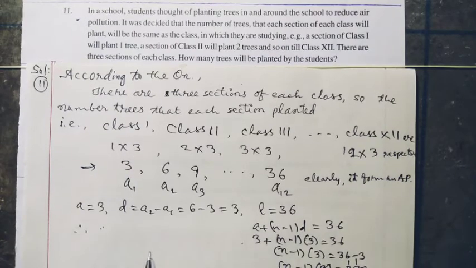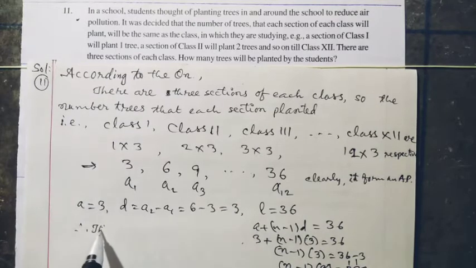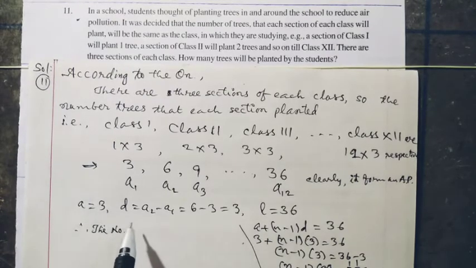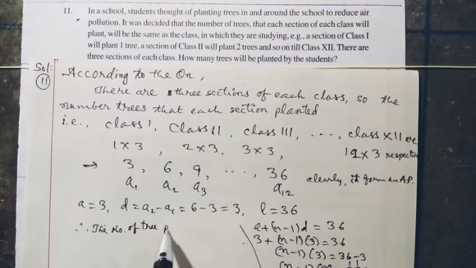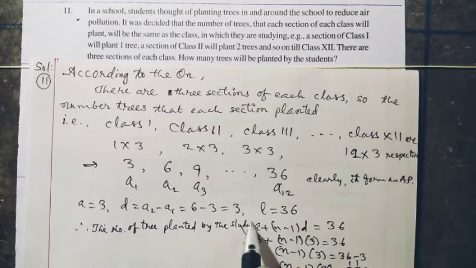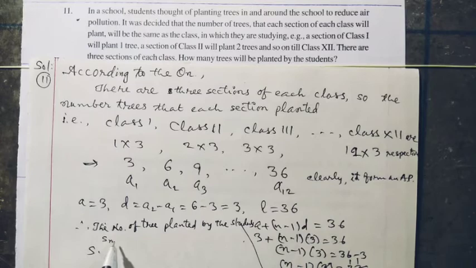So the number of trees planted by the students: we know the formula Sn is equal to n by 2 times (a plus l).